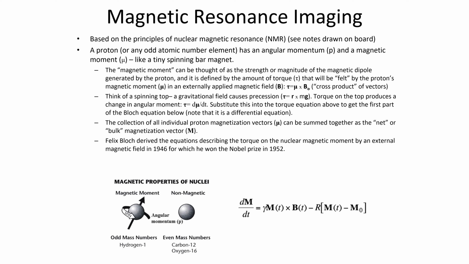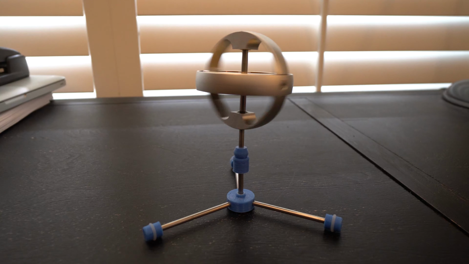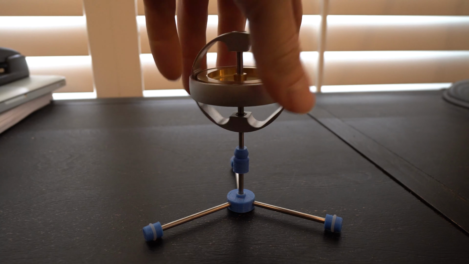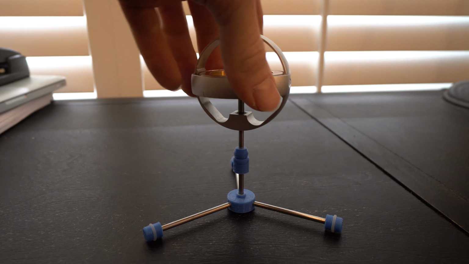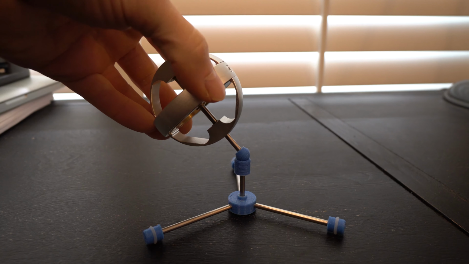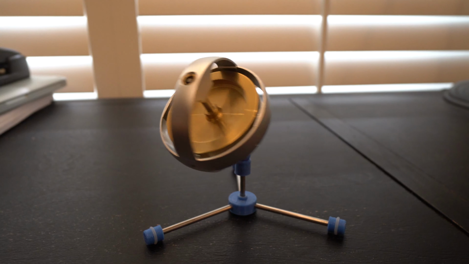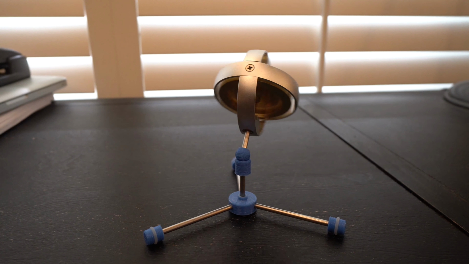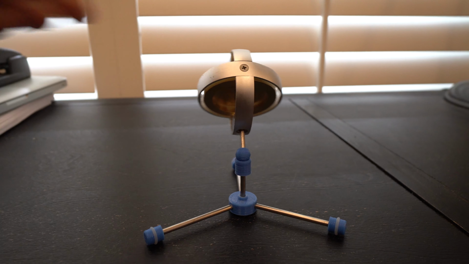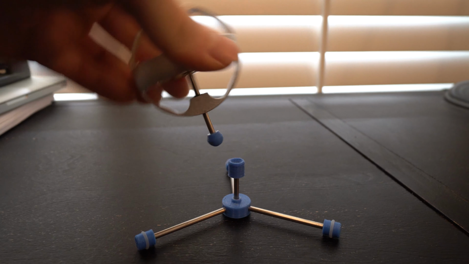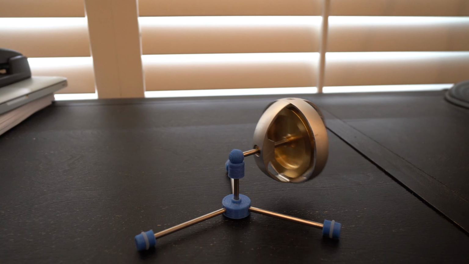So if you think of a spinning top, and I made this little video of a nice gyroscope, a gravitational field will cause the spinning top to precess. And so in the same way that torque will equal the radius of the gyroscope cross product with the gravitational field, similarly, the torque in a proton is the change in angular momentum that occurs in a magnetic field.